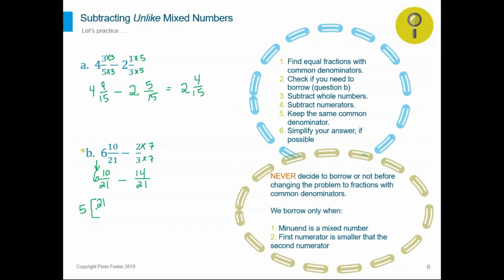Isn't that 21 over 21 is a 1? Yes, this is the borrowed 1 that we did take away from the 6. Now we have that 1 to add to the original fraction part of our mixed number. So 21 over 21, which is the 1 we borrowed, plus the 10 over 21.